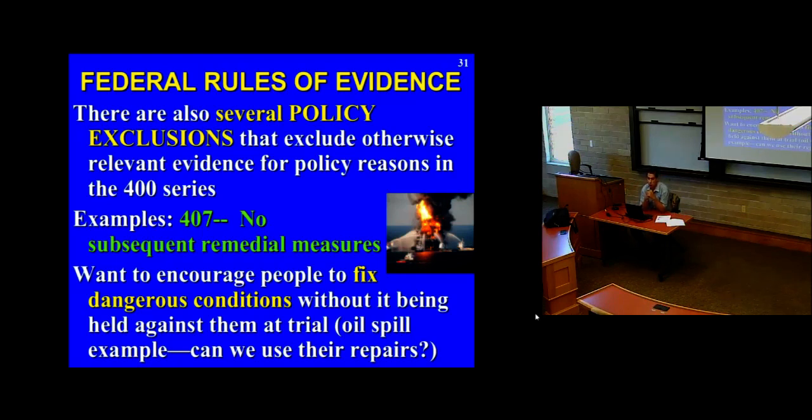Okay, but then at trial, I try to argue that the stairway was state-of-the-art, it was in perfect condition, there was nothing I could have done to make it more safe.